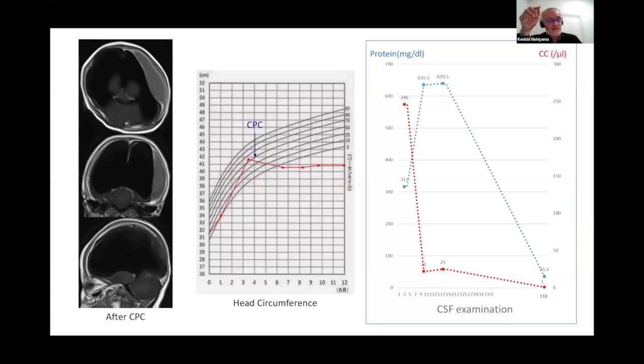This suggests that the transient inflammatory process could occur after CPC with CSF lavage, even with the use of artificial CSF. Probably this means a chemical inflammatory reaction, because of the decrease in the cell count during this period.